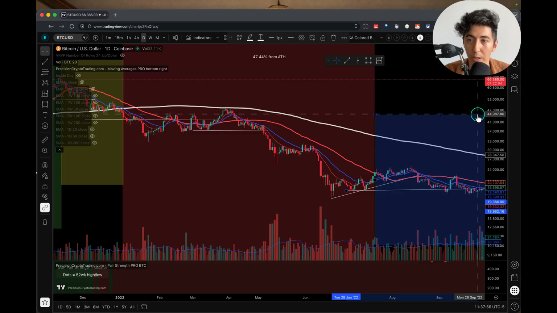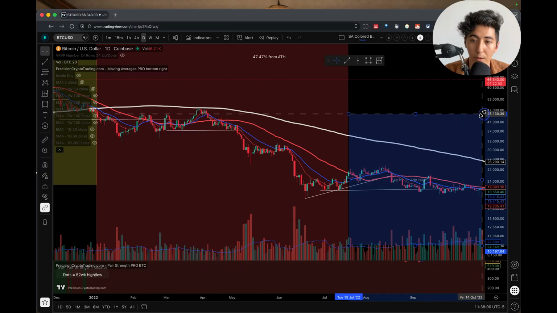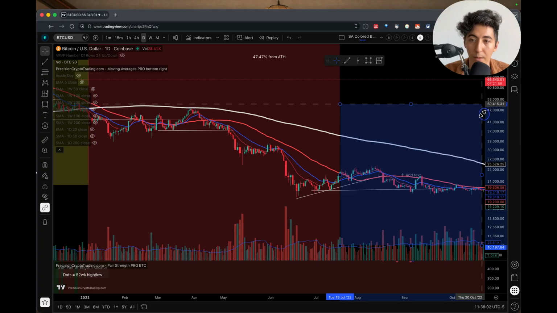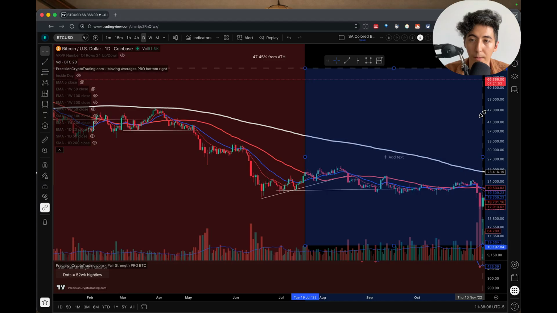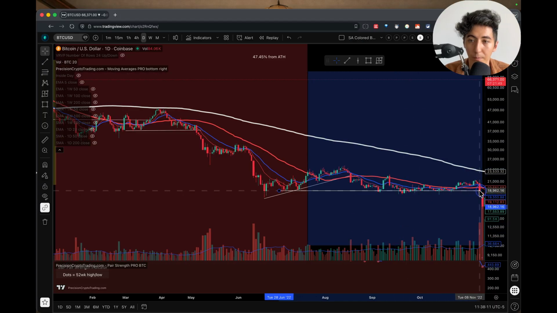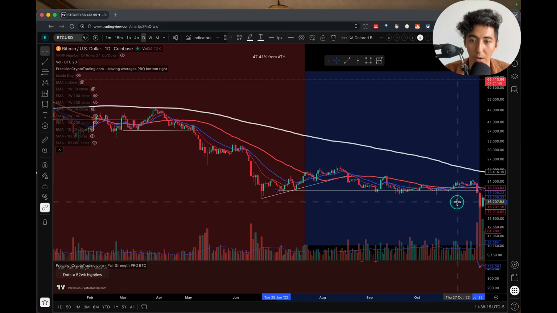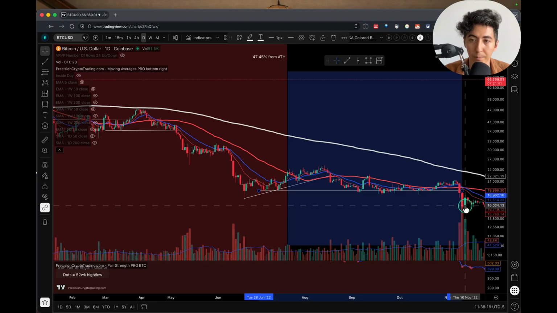Doesn't seem like it's going any lower. That's not good. Broke below, some high volume, but it looks like buyers came back in.